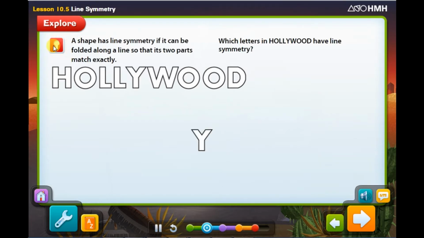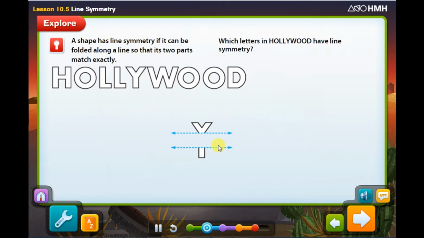Look at the letter right in the middle of the Hollywood sign, Y. To find out if Y has line symmetry, you would need to fold it. Suppose the horizontal blue line is a fold. Imagine that this horizontal line is the line of symmetry, and let's fold the two parts of the letter.